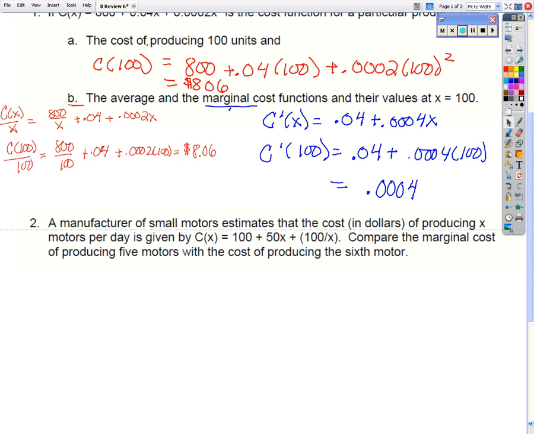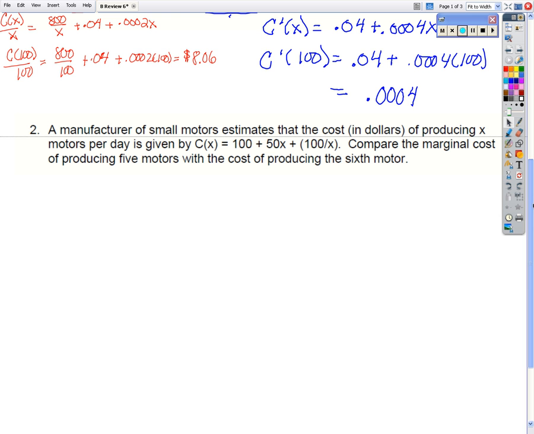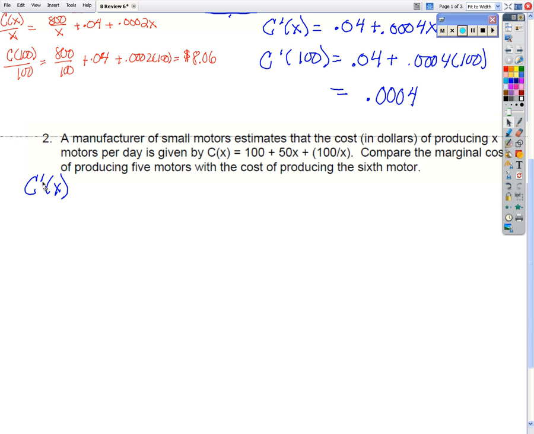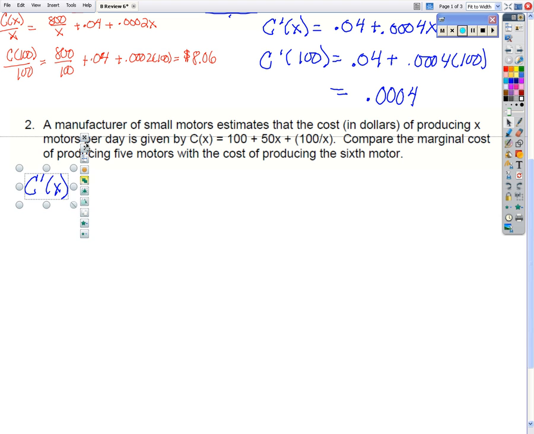Okay, for number 2, compare the marginal cost of producing 5 motors compared to producing the 6th. So the marginal cost is going to be C prime of X. But before I do that, I'm going to rewrite my cost function so it will be easier to find the derivative of.